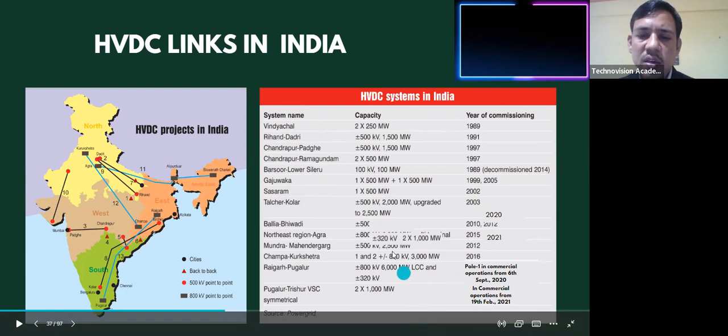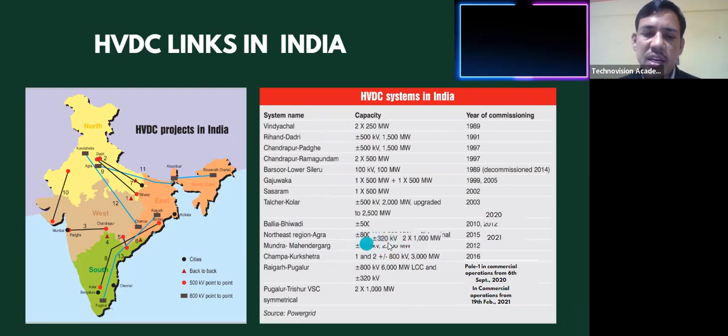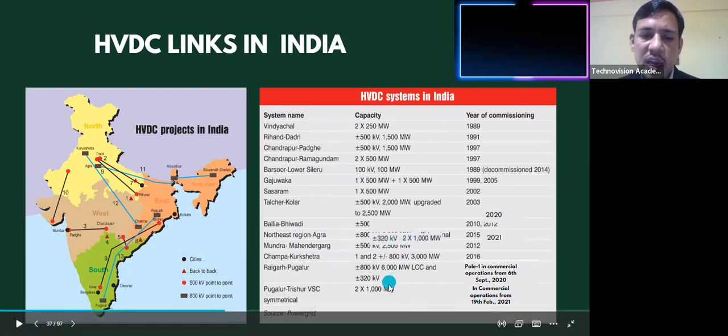And again, ultra high voltage DC is also used in India, that is Northeast Agra and Champakuru Kshetra and Raigarh Pugalur and this Pugalur Thrissur. These are actually a combination of current source converter and voltage source converters. But actually, two different systems are connected to the same AC bus.